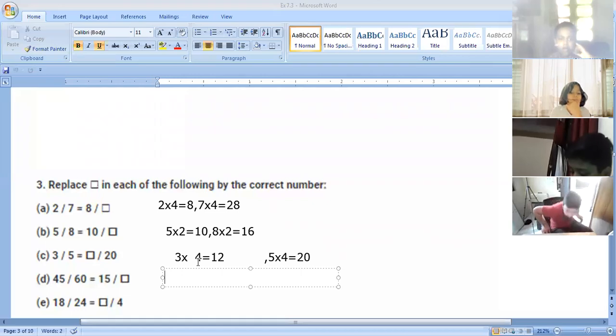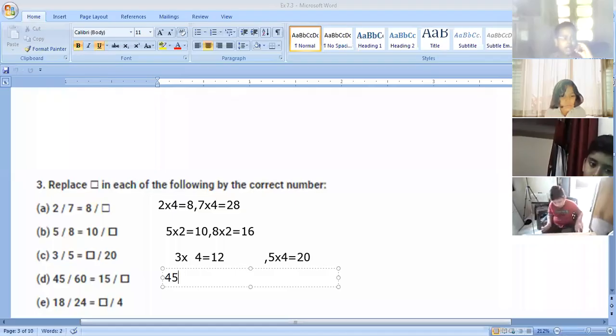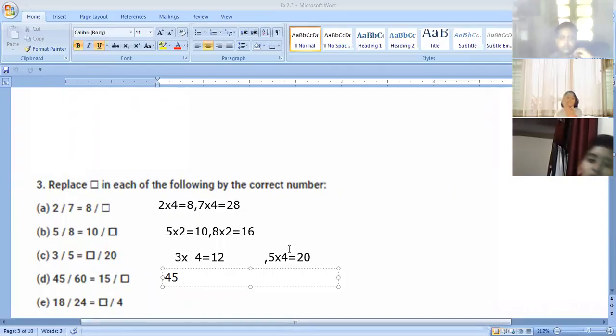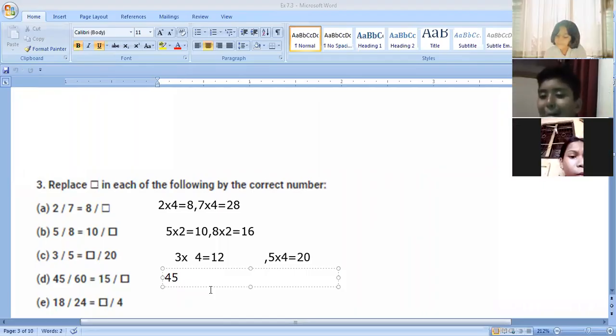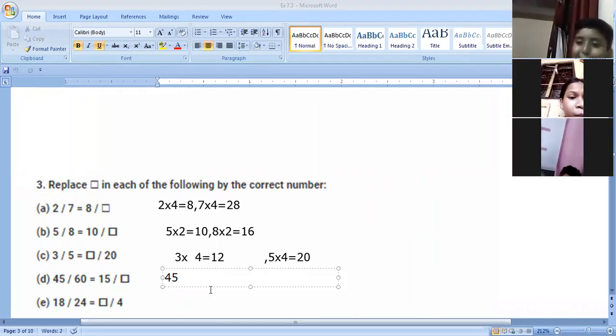So 45 will be divided by which number so that you can get 15? 45. How much?